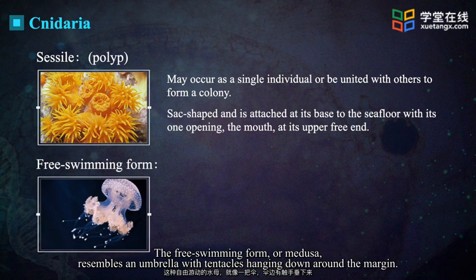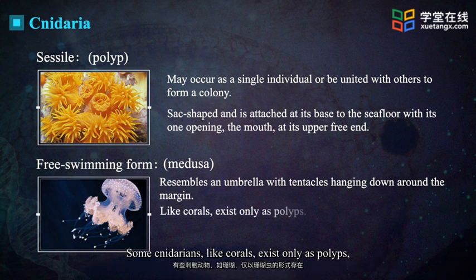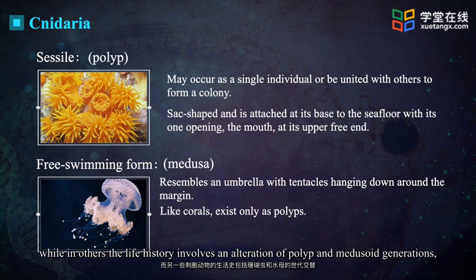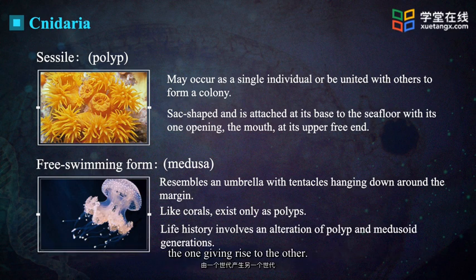The free-swimming form, or medusa, resembles an umbrella with tentacles hanging down around the margin. Some cnidarians, like corals, exist only as polyps, while in others the life history involves an alternation of polyp and medusoid generations, the one giving rise to the other.